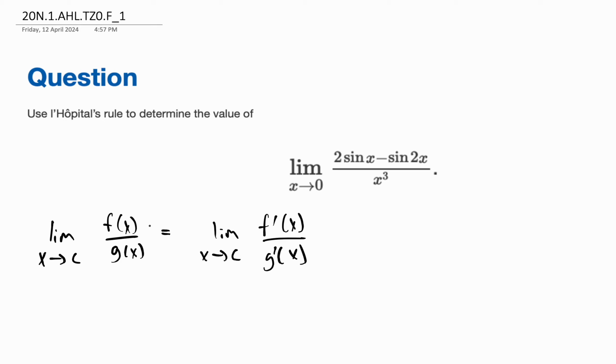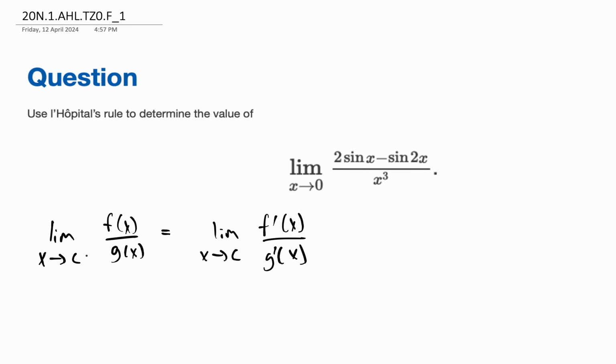Essentially, if I differentiate the numerator and denominator of a fraction, the limit before and after the differentiation would be the same as x approaches the same number.